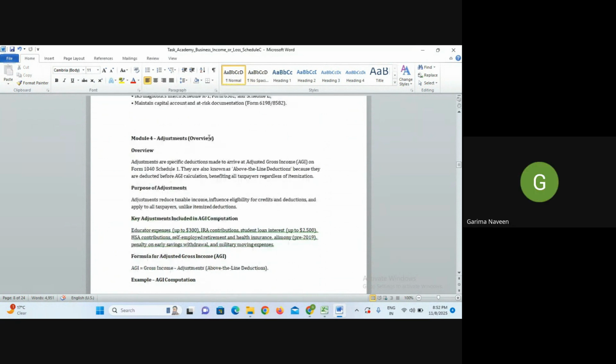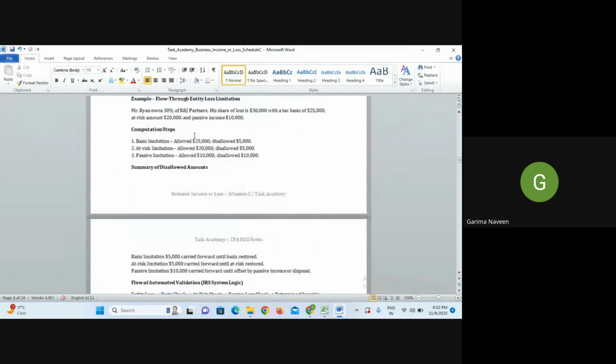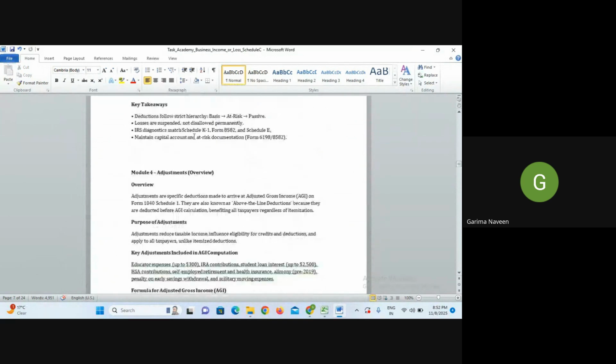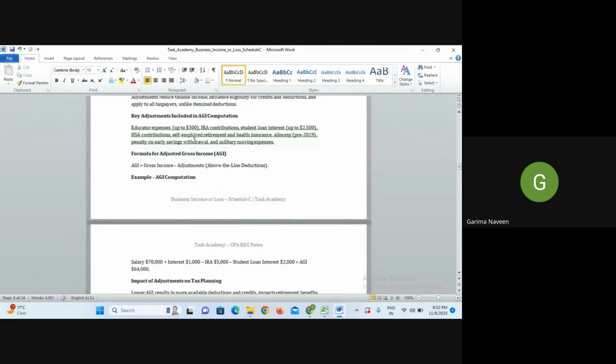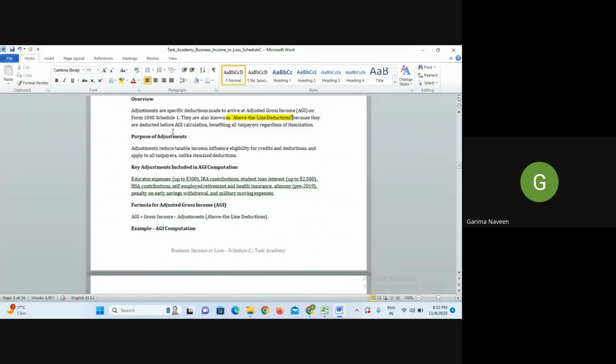Okay, so now comes your adjustment part. All these kinds of income are your gross income, and from your gross income you have certain adjustments, which are called above the line deductions. So you can deduct these from your gross income to calculate your adjusted gross income.